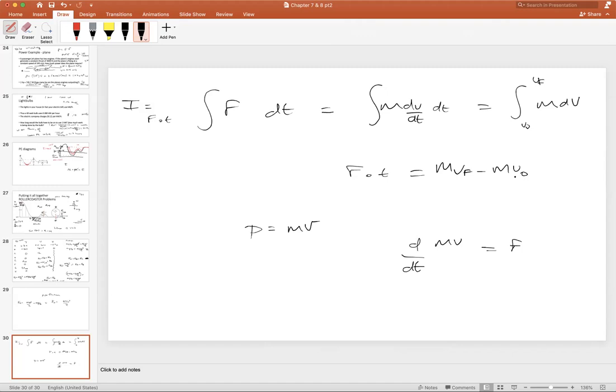And that leads to things called elastic collisions, where the momentum doesn't change for the whole system after a collision happens, or inelastic, where things stick together, the momentum still doesn't change, it's still conserved, but the energy is not, and we'll talk about that. You probably learned about elastic and inelastic collisions if you've taken physics before.